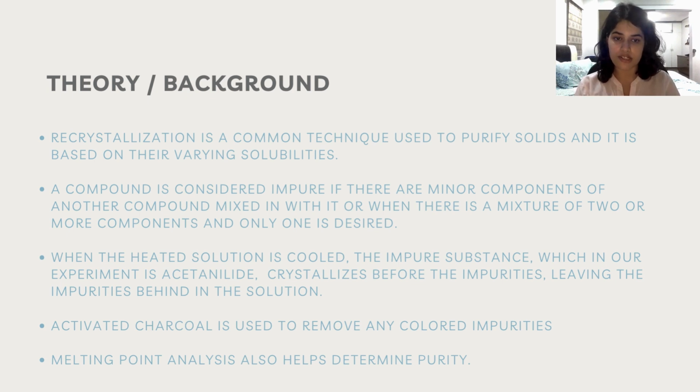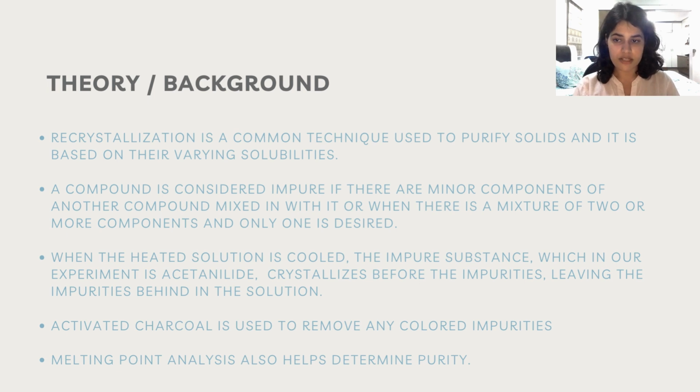in low temperatures. A compound is considered impure if there are minor components of another compound mixed in with it, or when there is a mixture of two or more components and only one is desired. When an impure compound is dissolved at high temperature, it makes a highly concentrated solution. After the solution is cooled, the compound is no longer soluble in the solvent and so it crystallizes.